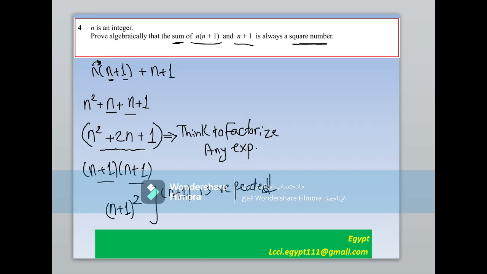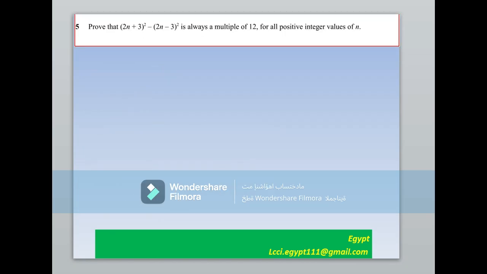Let's see the last example. Prove that the expression (2n plus 3) squared minus (2n minus 3) squared is always a multiple of 12. Don't worry about a multiple of 12, for all positive integer values of n. Let's begin to work out.